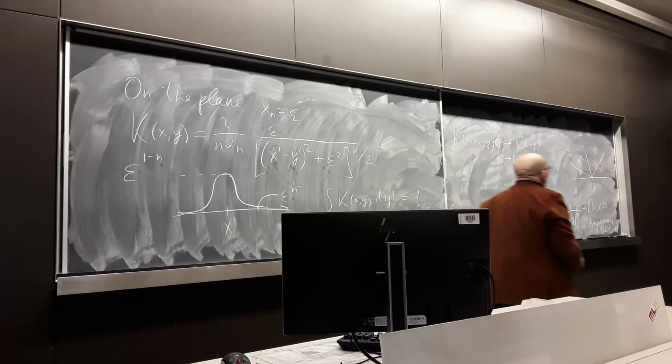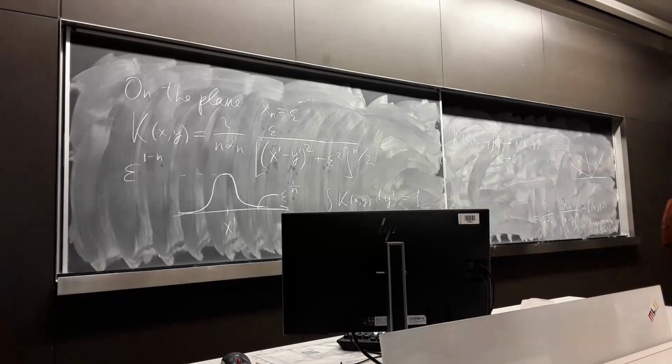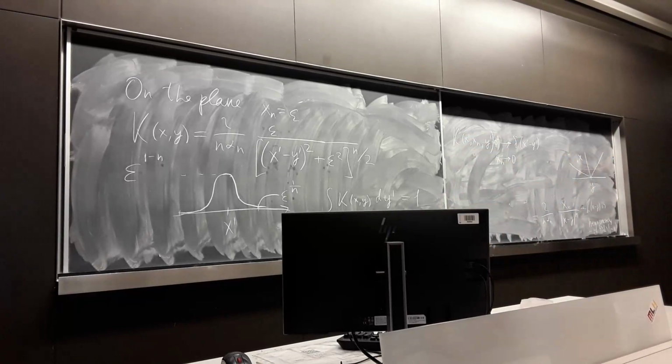So this Poisson kernel plays the same role as the fundamental solution. The fundamental solution transforms a function in the space into a function in the whole space, just convolution with the fundamental solution. And here we do convolution with the boundary function, and it transforms the function from the boundary to the function in the whole space.